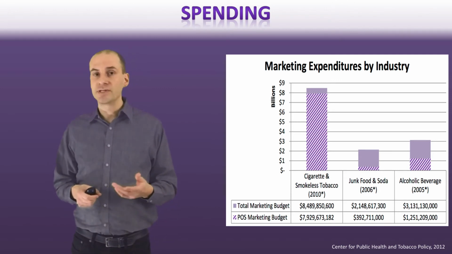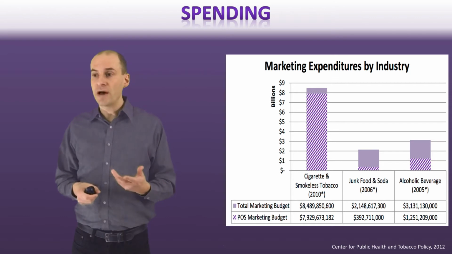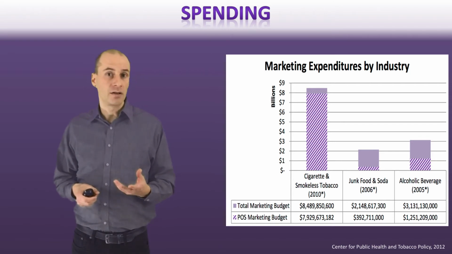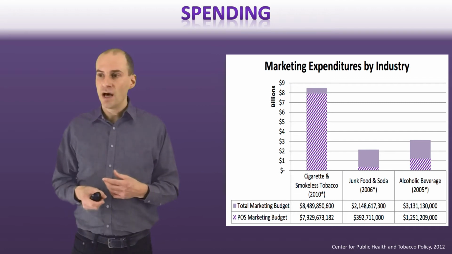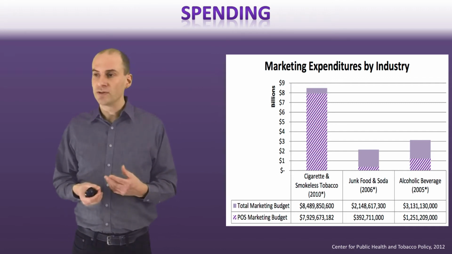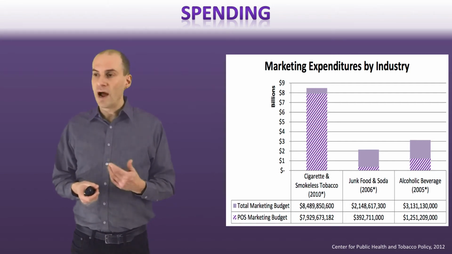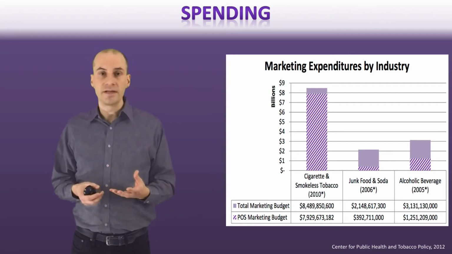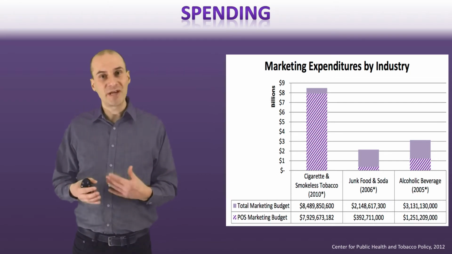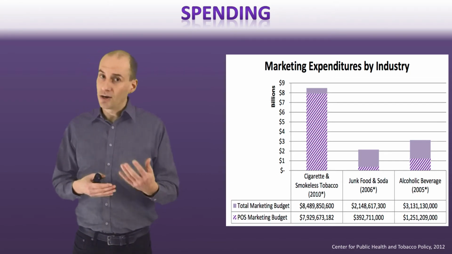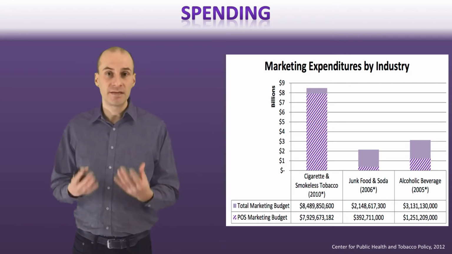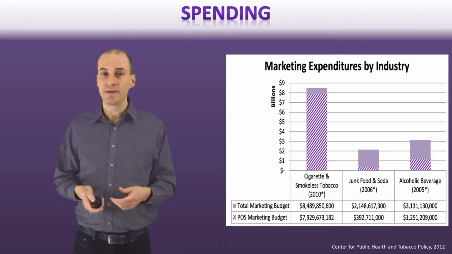For example, cigarettes and tobacco put out about $8.5 billion in advertisements in 2010. For junk food and soda, that's around $2 billion. For alcoholic beverages, that's about $3 billion, right? So here we're seeing that some of the industries that are promoting behaviors that are typically not very healthy are putting a tremendous amount of money into advertisements.